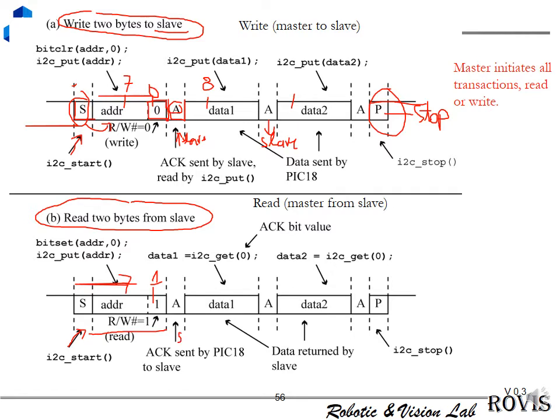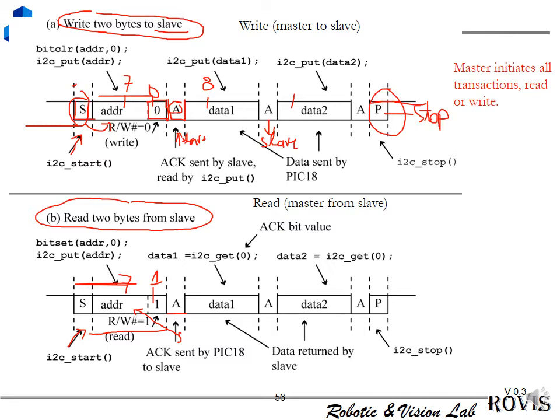After this step, the slave with this address will send the acknowledgement bit, that means a low bit, to the master.